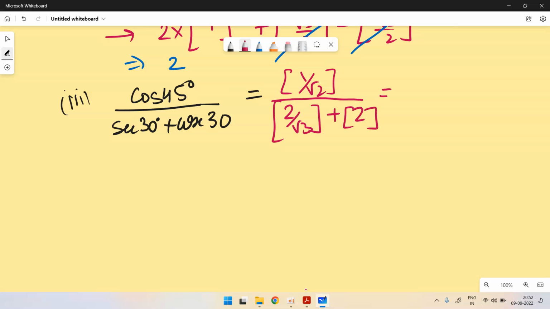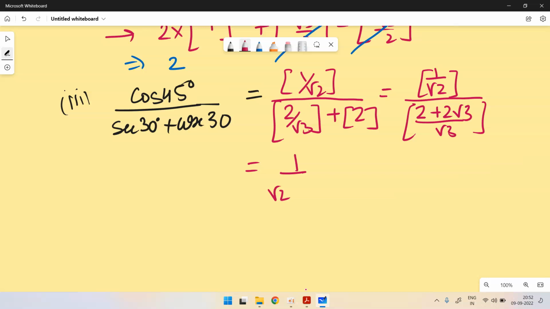Take the LCM. This is 1 by root 2 in the numerator divided by 2 plus 2 root 3 by root 3. If you expand this, 1 by root 2 goes downward, this is 2 plus 2 root 3, and root 3 goes above.